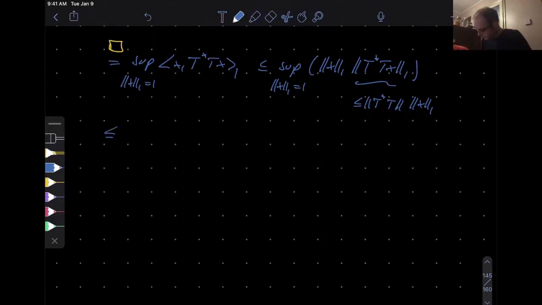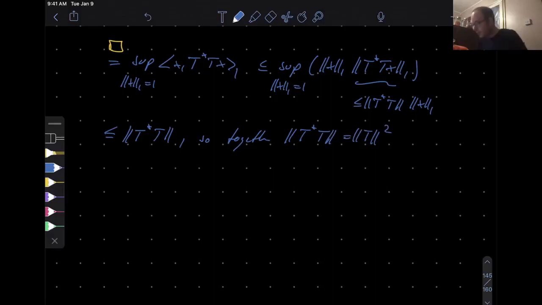So what you get there is at most the operator norm of T star T. Okay, and that is the reversed inequality, right? So together we have just shown that the square of the operator norm of T is at most the operator norm of T star T. So we have shown that the norm of T star T is equal to the norm of T squared.